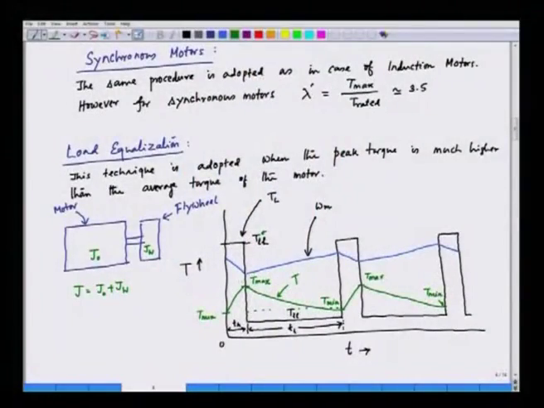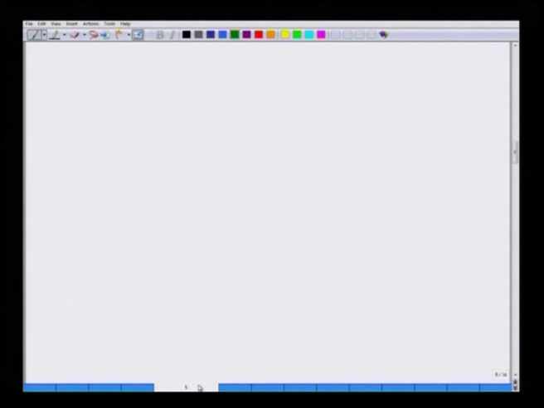The inertial torque that is available in the flywheel gives the energy when the speed is decreasing, and when it is accelerating it is absorbing the energy. So, this is how the variation looks. The load torque is increasing, the actual torque is also increasing, and the load torque is decreasing, the actual torque is decreasing. Now, this can be explained by means of the differential equation which we have already shown here.